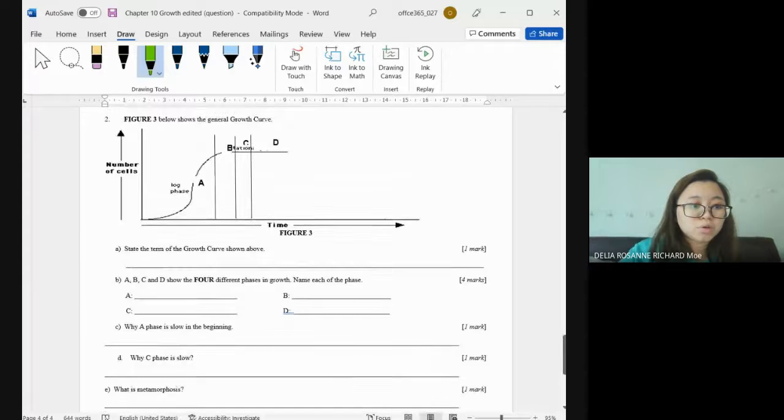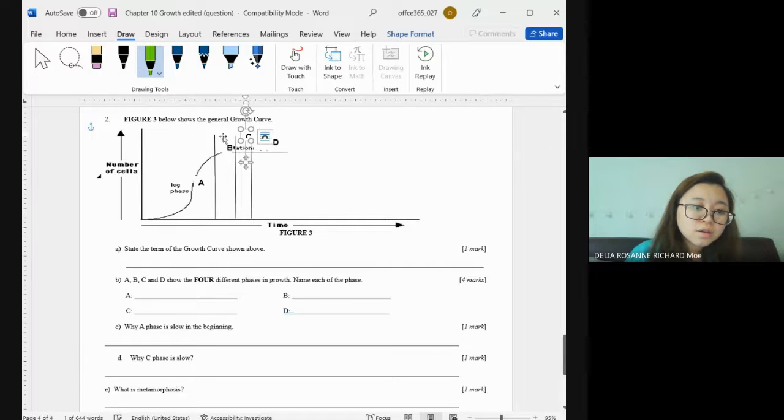Question number 2 shows a general growth curve. This one is talking about number of cells. It has a log phase. Who the hell came up with this diagram? How stupid is this diagram. Okay, I think that text needs to be removed.